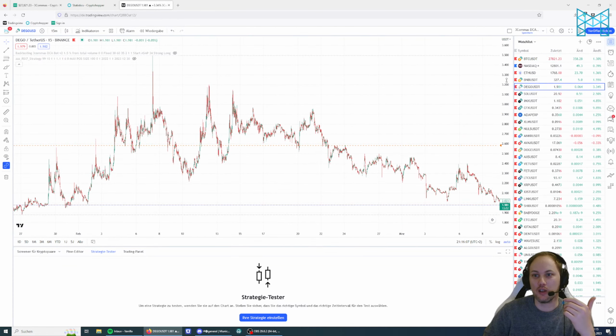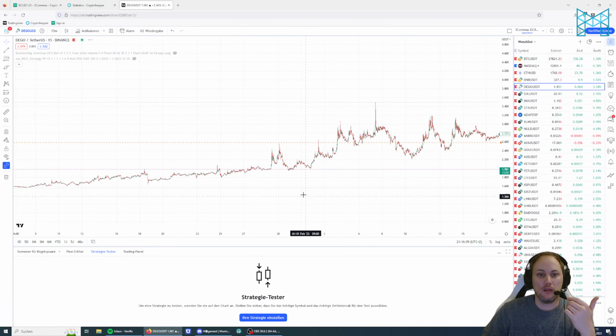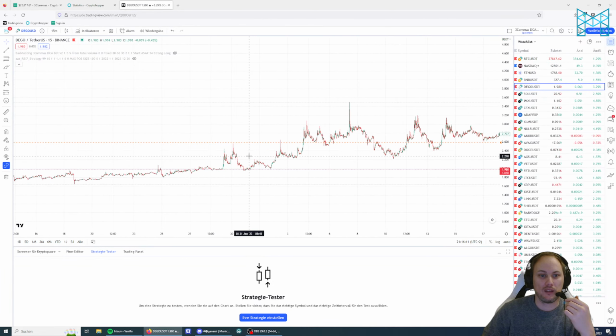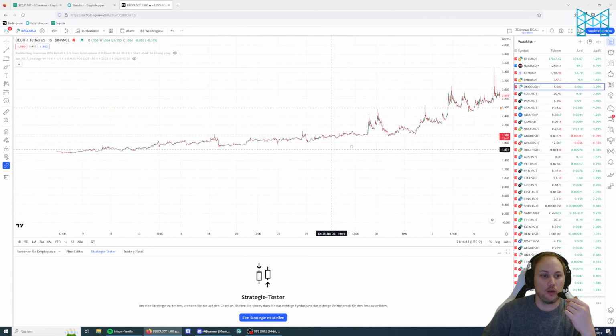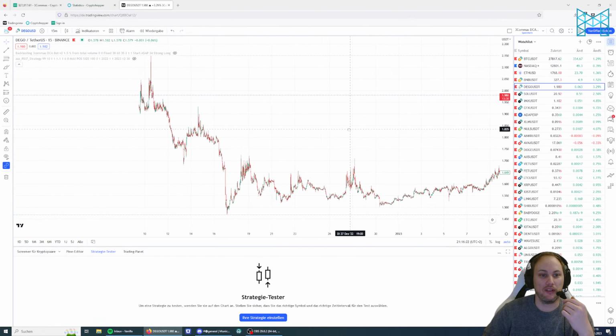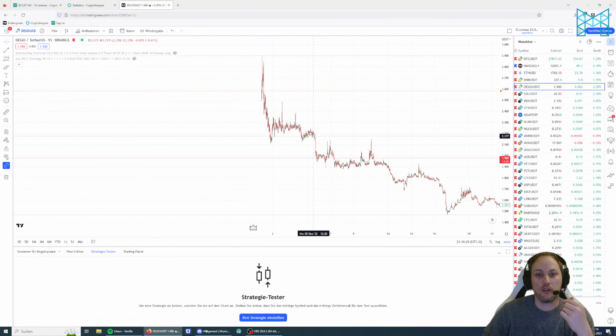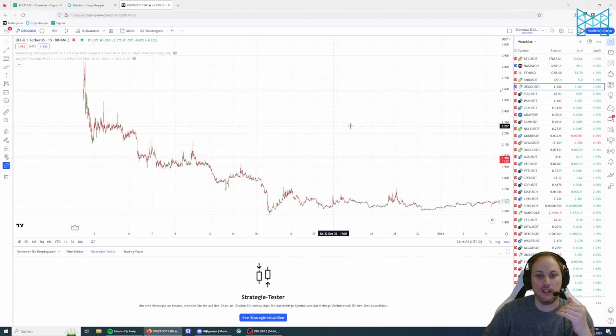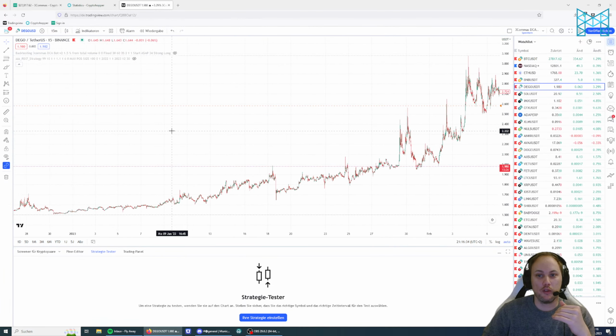It lost a bit of volatility right now because as you check here, there's always like these peaks where we have like little pumps. So really often small pumps, and this is really good for a DCA bot because it starts a position and it falls down, and then you have a pump where you can get out of the position and sell your position. So this is really important for a DCA bot, a good volatile coin.